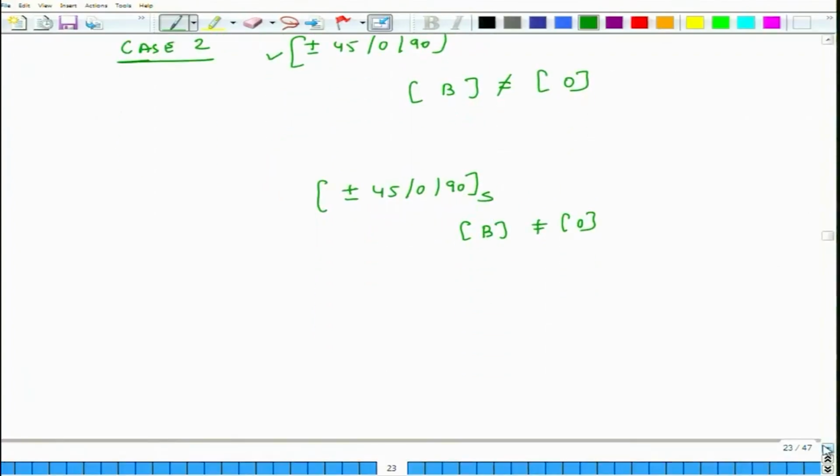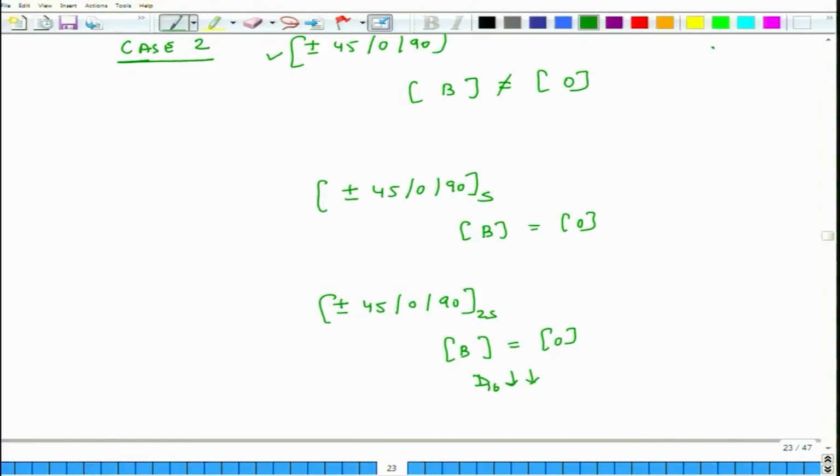but the third thing you can do is plus minus 45, 0, 90, 2 symmetric, and here D will become even less, and D16 goes down further because it is twice symmetric.